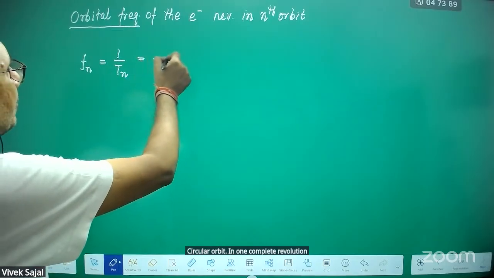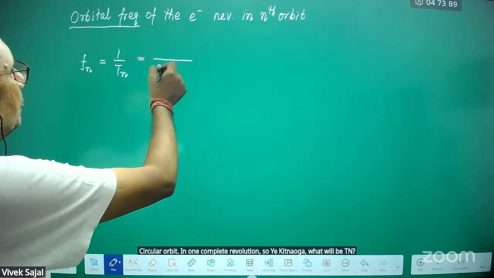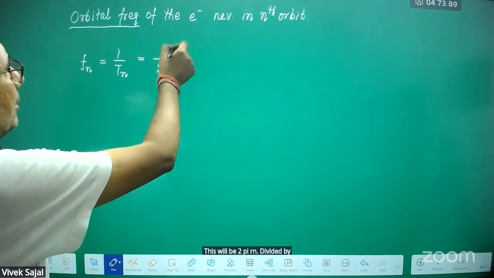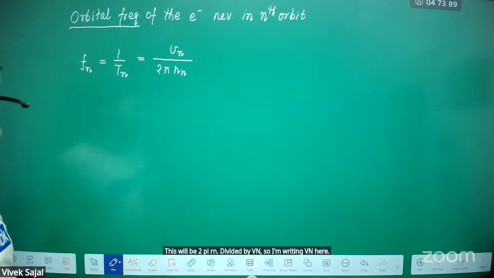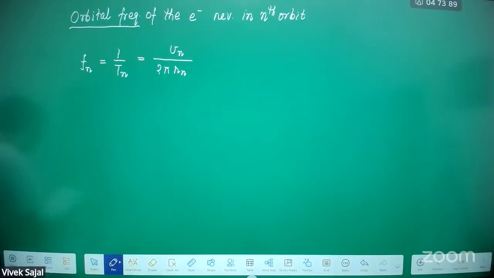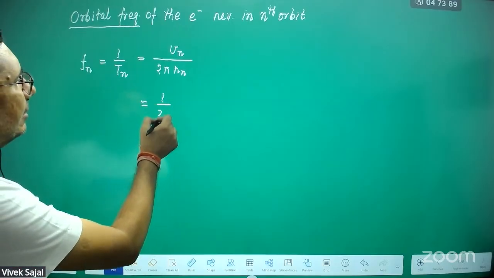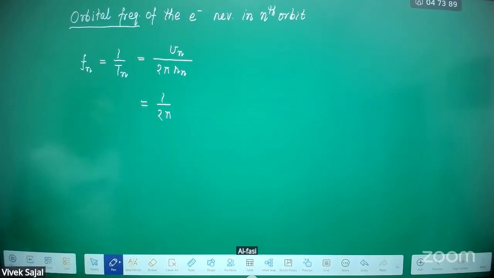So ये कितना होगा? What will be Tn? This will be 2 pi Rn divided by Vn. So I'm writing Vn here. ठीक है, तो मैंने Vn इधर रख दिया बेटा. अब Vn का फॉर्मूला देखो कितना था, मुझे याद नहीं है. Vn का याद नहीं क्योंकि Z alpha C. I just look at this formula.